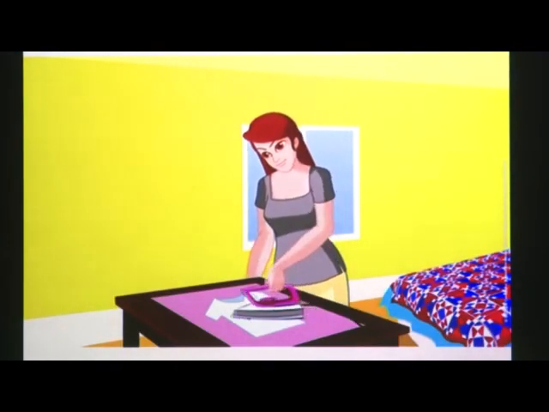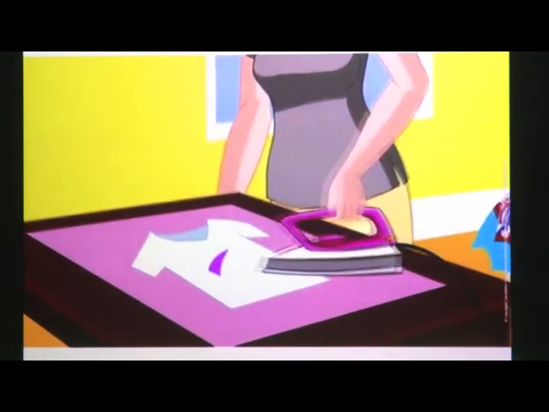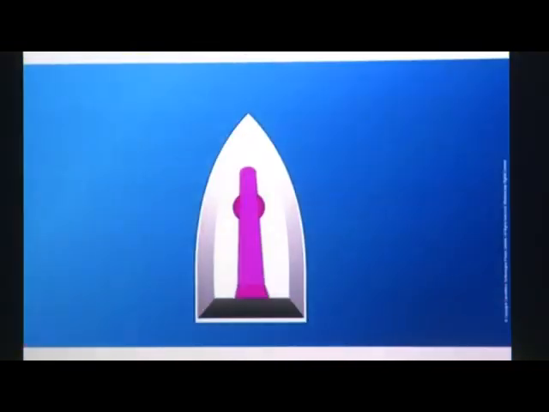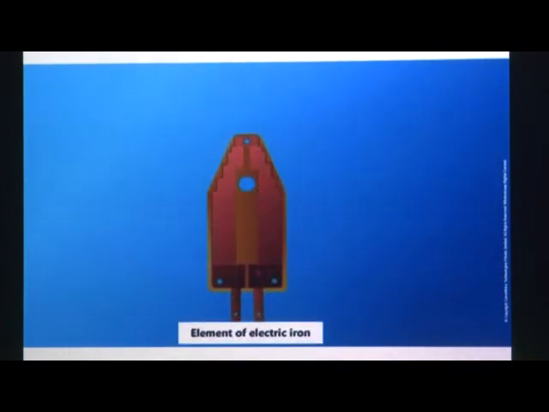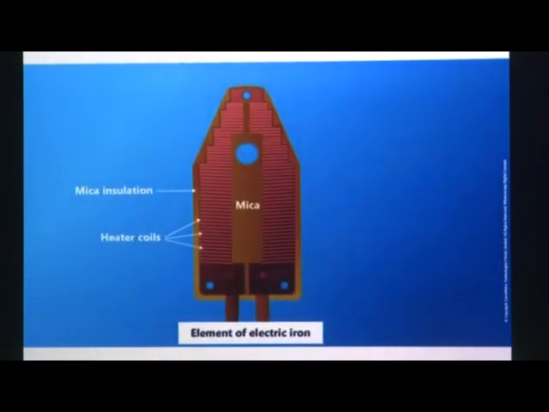How is heat produced in the iron box, which Meena is using? The iron box also has a coil inside it surrounded by mica insulation. When electricity passes through the coil, it gets heated up and hence the iron box becomes hot.